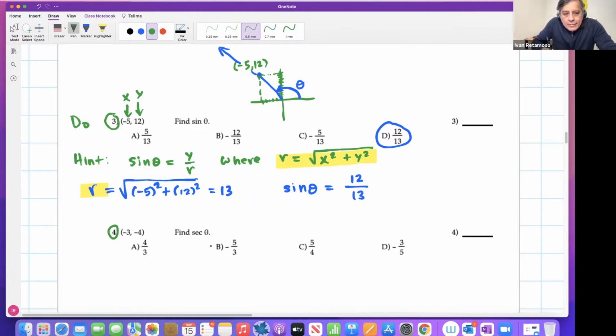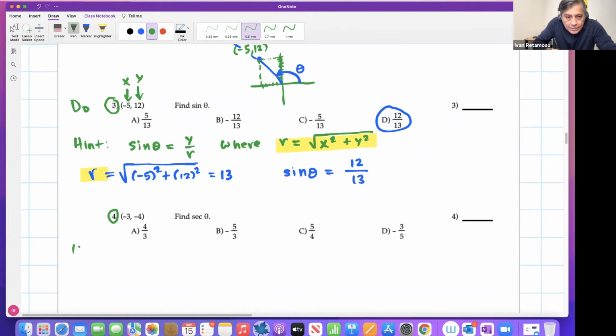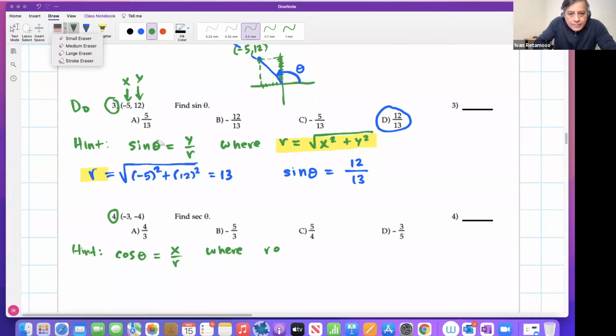Compute secant of theta, right? Hint, let me give you a hint. We know that cosine of theta using coordinates is x over r, where r is the square root of x squared plus y squared.